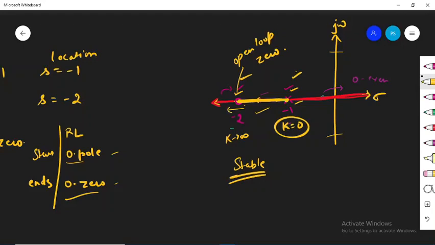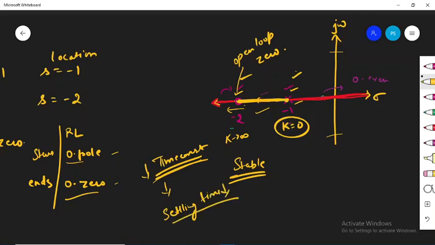The more the pole moves towards the left hand side, the more the time constant's value is going to decrease. The lesser the time constant, the lesser the settling time of the system, and the lesser the settling time, the more the stability of the system. So here, the higher the value of k, the more stable the system will be.